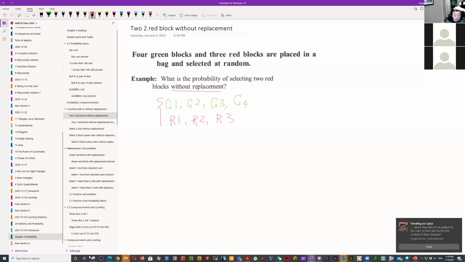So the sample space, you can view it in two ways. A lot of the time the tuple is an ordered tuple. Sometimes you can also treat it as an unordered tuple.